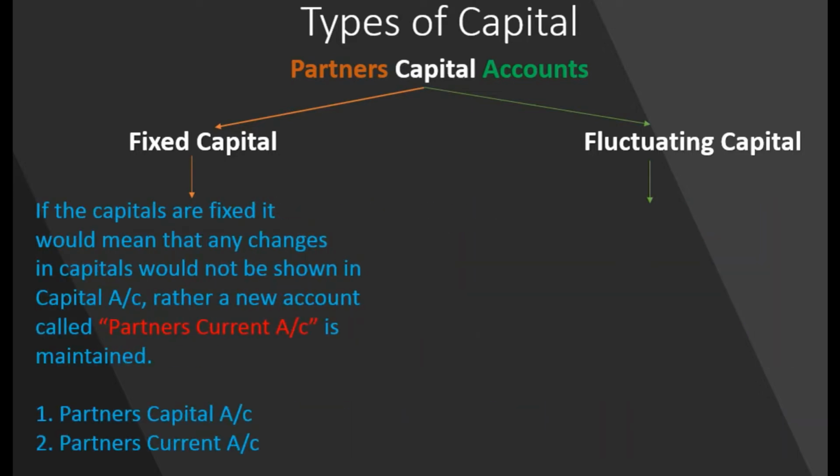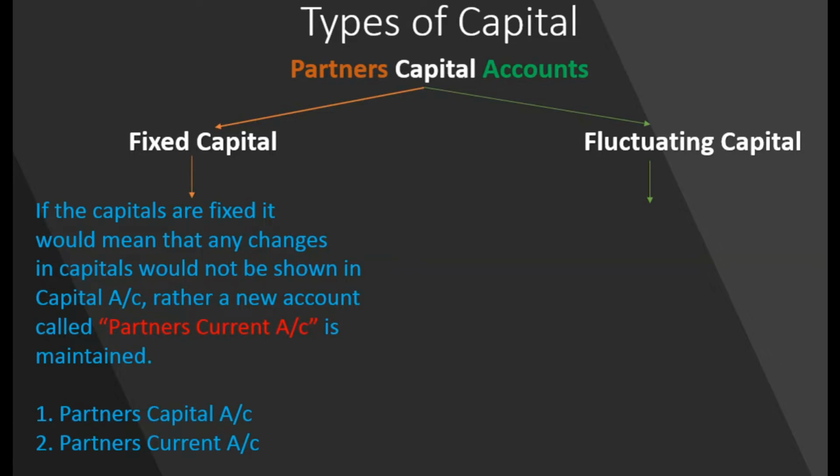When we look at the fixed capital method, if the capitals are fixed, it would mean that any changes in capital would not be shown in capital account. Rather, a new account called partners' current account is maintained. Every year, there are multiple transactions that may increase or decrease partners' capital.